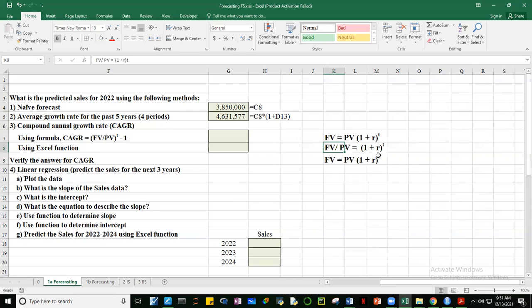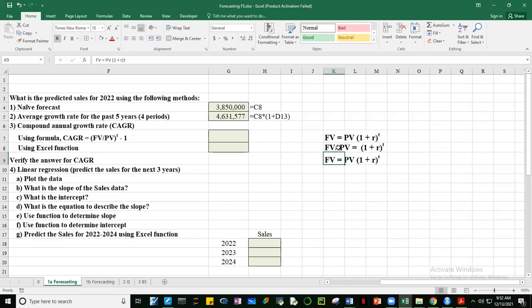Then what do we do with this, guys? How do we solve for r mathematically? Any suggestions? How do we solve for r? So in order to solve for r, algebraically, guys, we have to remove this exponent t. How do we remove this exponent t? From the laws of exponents, guys, we raise both sides by 1 over t. That will cancel t times 1 over t, which cancels your exponent t.